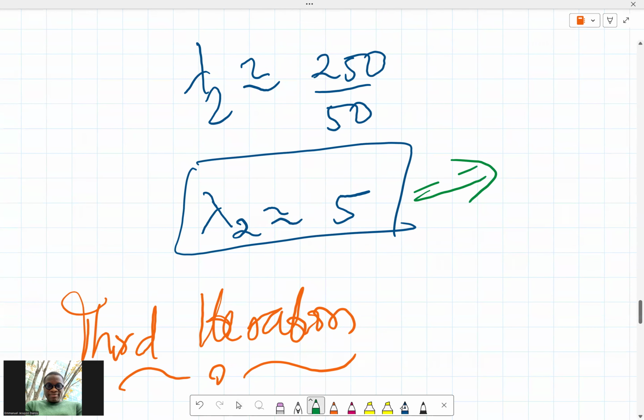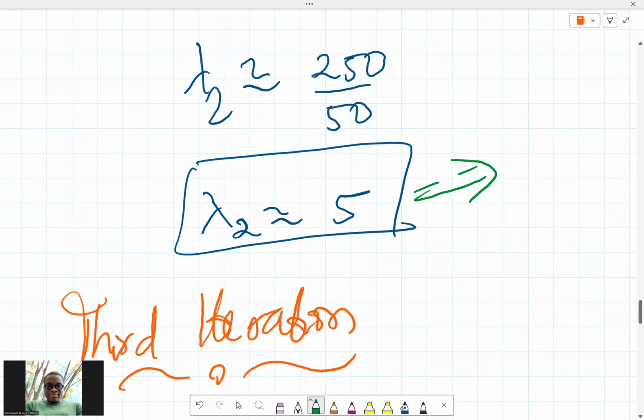But we can get the eigenvector too, right? To get the eigenvector, just go to the next step. This thing we computed here can give us the dominant eigenvector. It's giving us roughly 1, 1, right?